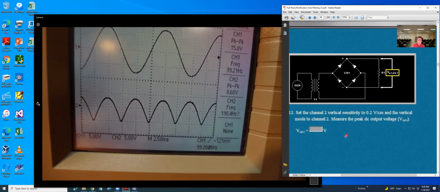So you are able to get the voltage peak to peak. It's 8.6. It should be 10 minus something. You have to go through 2 diodes, so you lose 2 forward voltages. If it's 0.7 each, 10 minus 1.4 is 8.6. So they want to measure the peak DC output voltage. You understand the output voltage.